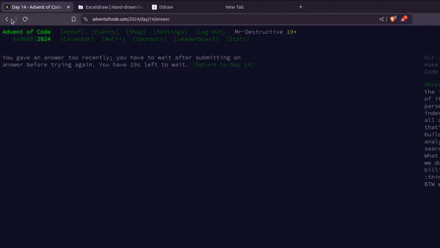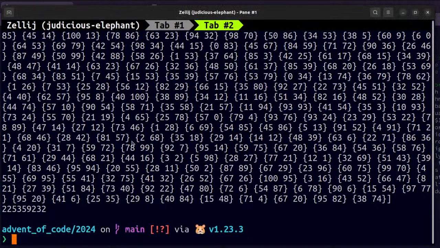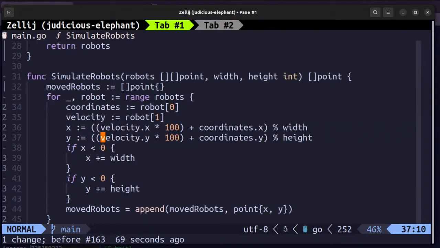So 20, 19, 18, 17, 16. Okay. Some issue with that.